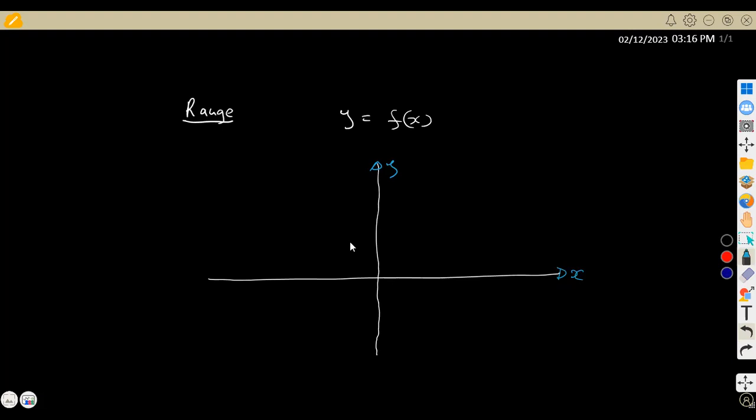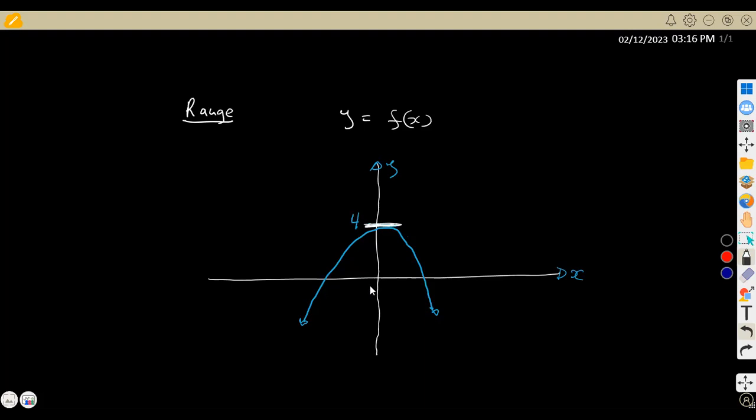Let's say we've got a quadratic graph like this. At this point, our graph is located exactly at the maximum point. At that point, maybe it's a 4. So the values of y that we are referring to are the values that the graph is operating from. This graph cannot exceed 4. It is limited at 4.